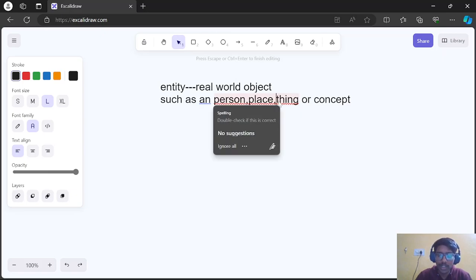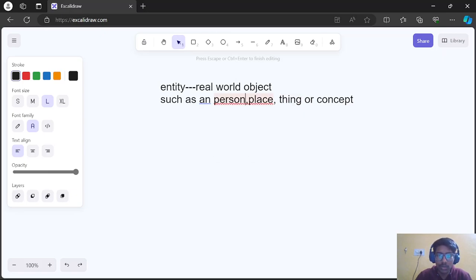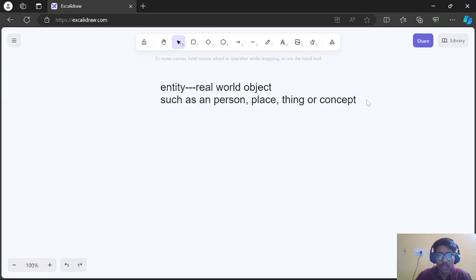That's what an entity basically means. One example of an entity in a CRED app can be a user. A user is a real world object and is a person. So a user is an example of an entity.